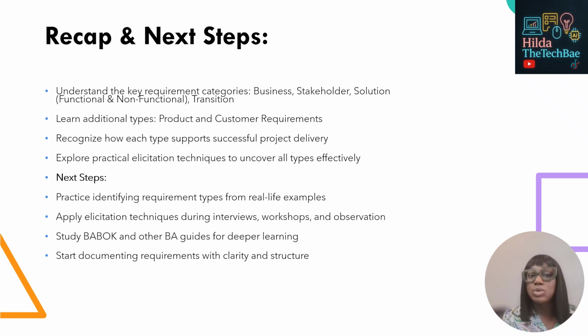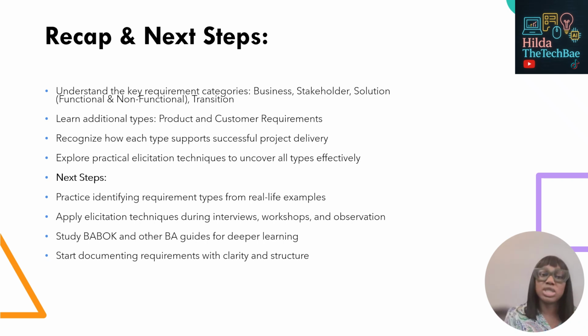We said business requirements help us to understand the why of the project, while stakeholder requirements reveal the unique needs of individuals and departments. Then solution requirements are both functional and non-functional requirements, which focus on how the system behaves and what it should do.